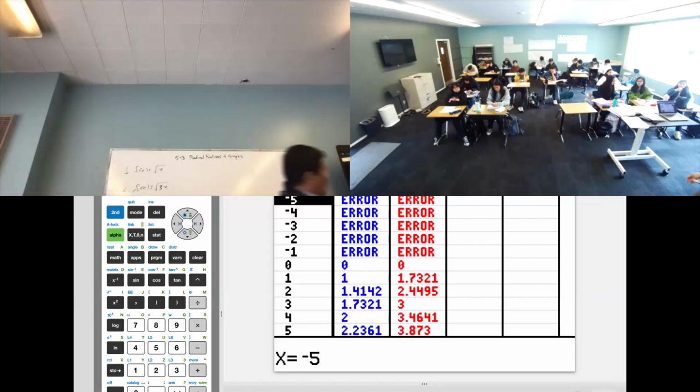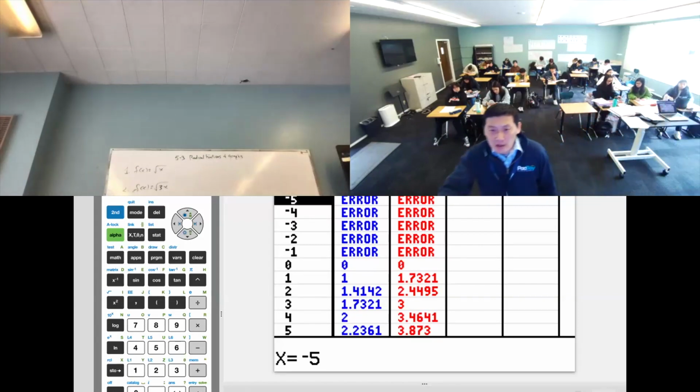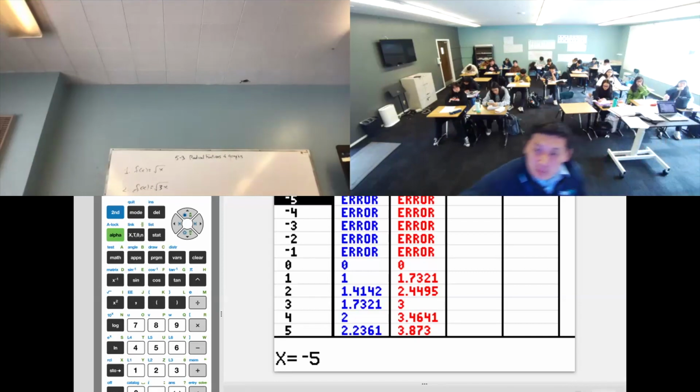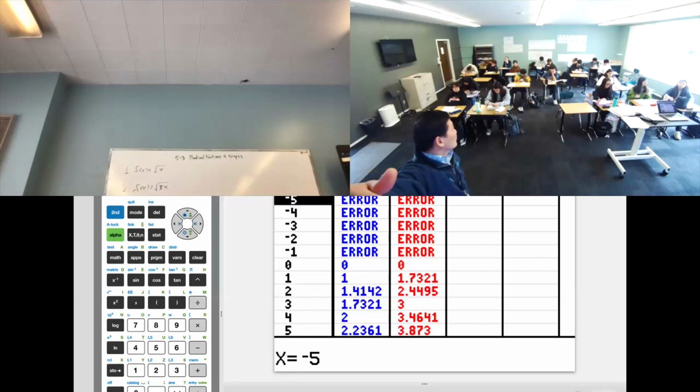It makes sense to me that starting with -1, that's going to make it square root of -3. It's going to make it undefined, or make it an imaginary number. So everything below 0 is going to give you an error, an imaginary number.